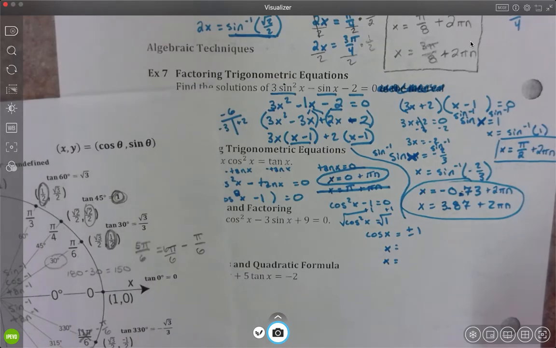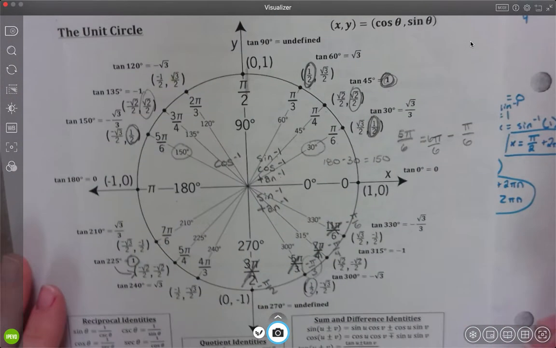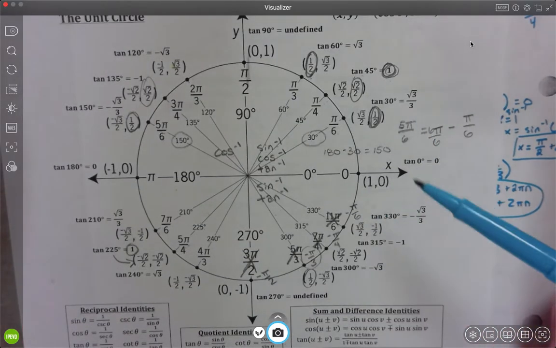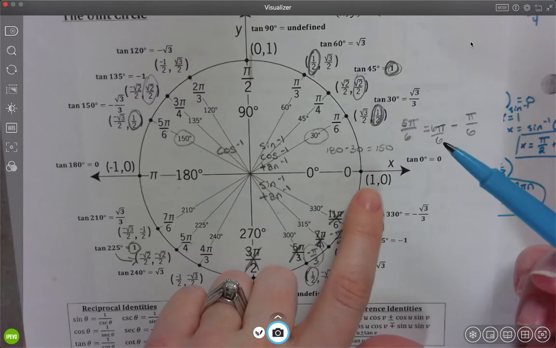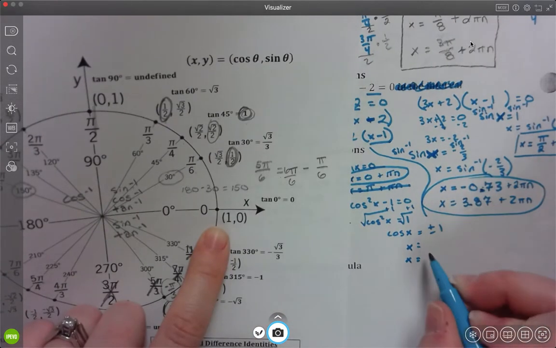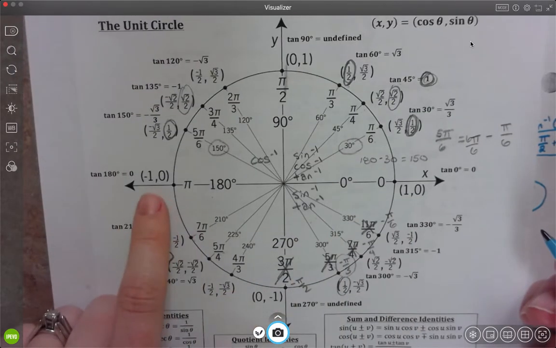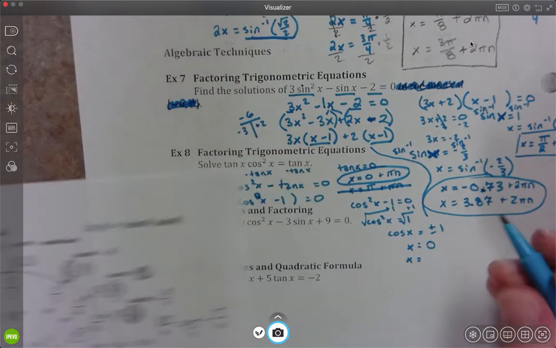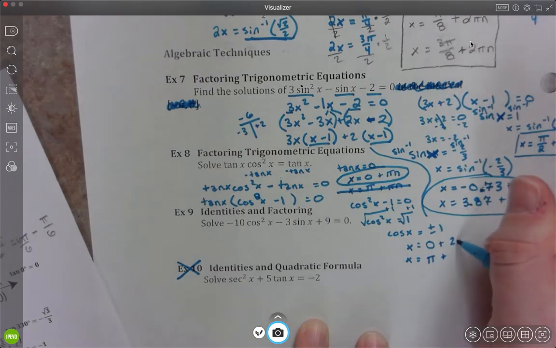Looking all the way around, let's just look for positive 1. I'm looking for the x-coordinate, or cosine, to be positive 1. The only place cosine is positive 1 is at 0. And the only place it's negative 1 is at pi. So I have 0 and pi, and each one of these will be plus 2 pi n, and plus 2 pi n.